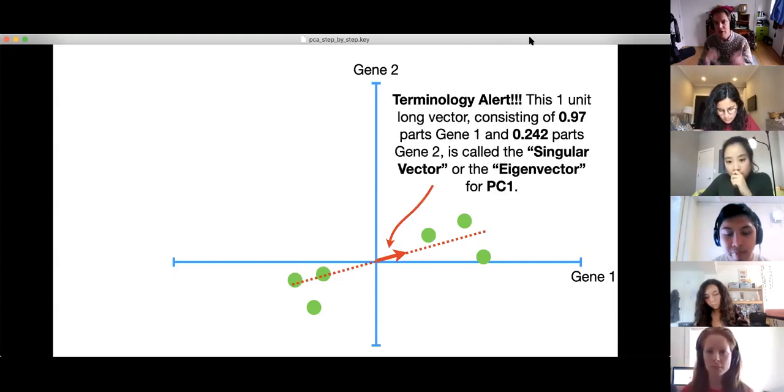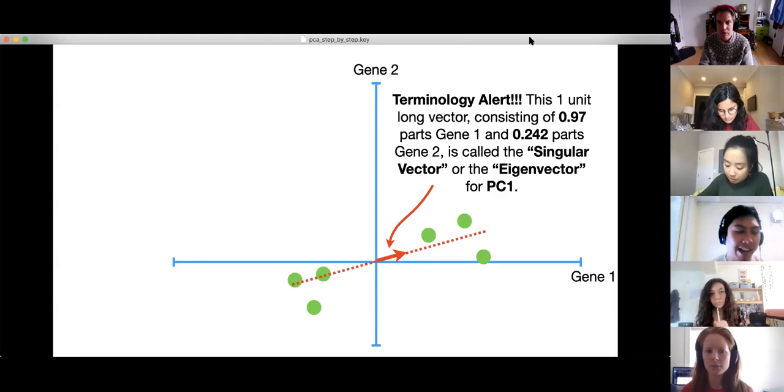Okay, here's another terminology alert. This 1 unit long vector consisting of 0.97 parts gene 1 and 0.242 parts gene 2 is called the singular vector or the eigenvector for PC1.